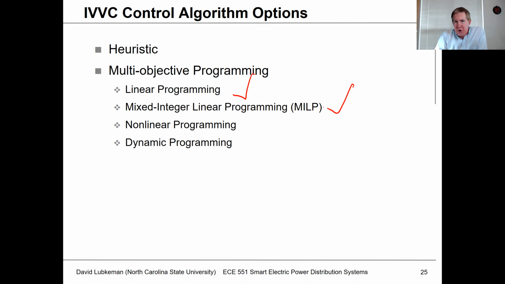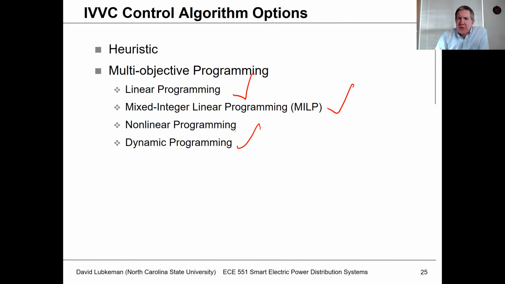There's nonlinear programming, which is getting into how you handle nonlinear equations like we would see in power flows. And then you have another approach called dynamic programming, which is used a lot of times for coming up with control strategies.